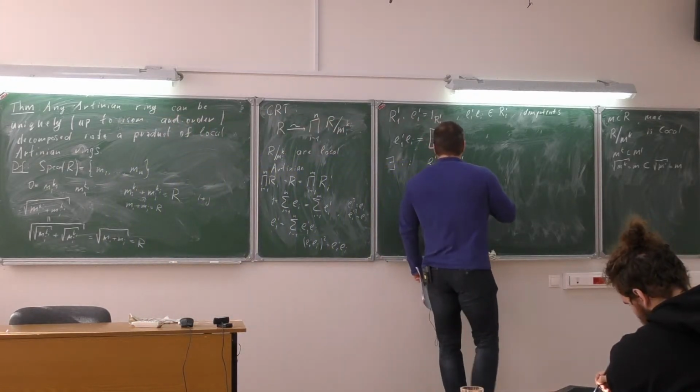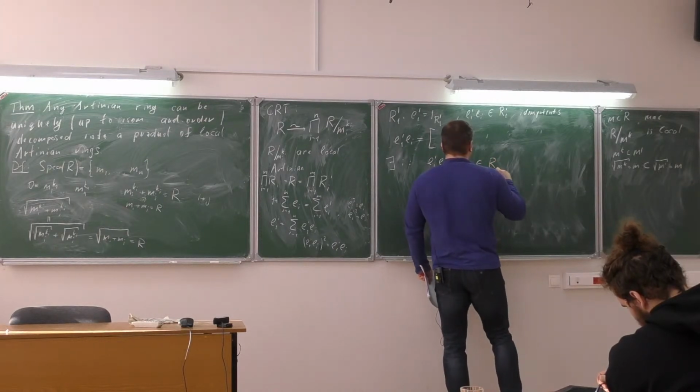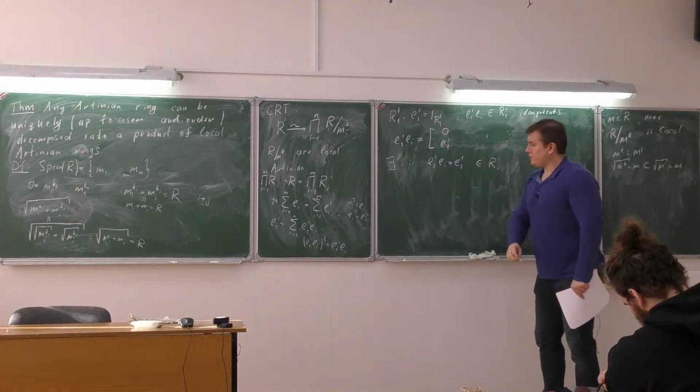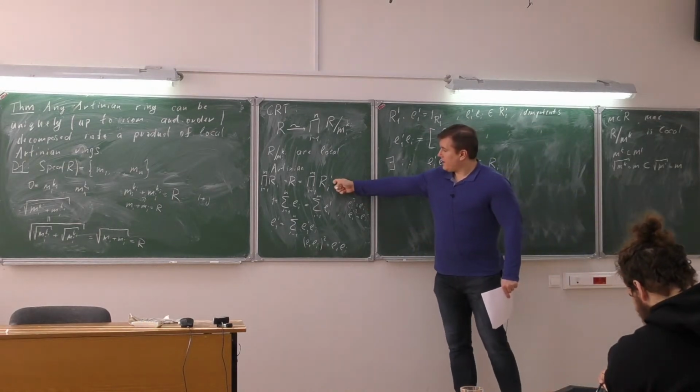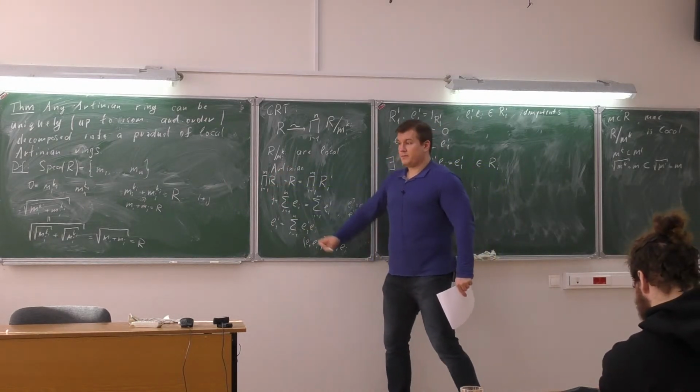Now let's look at this identity as an identity inside the ring Ri. So I've done some computation in R1 prime. Now we're moving to another local ring Ri.